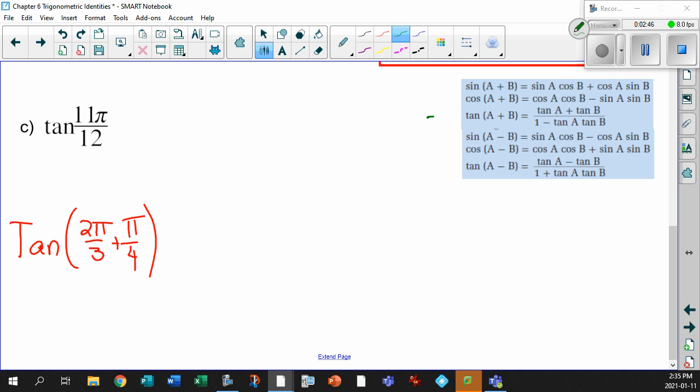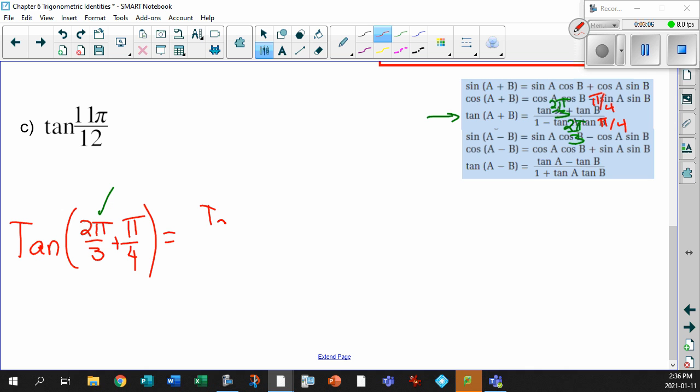Excellent. So we're using this guy. For A, 2 pi over 3. For our B value, that's going to be pi over 4. Oh, nasty. Let's go.